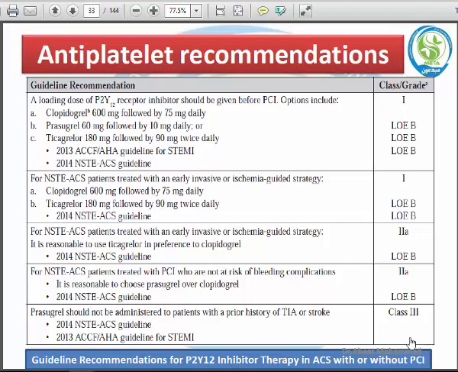Ticagrelor loading dose is 180 milligram. In case of non-ST acute coronary syndrome patients treated with early invasive or ischemia guided therapy also should receive a loading dose of clopidogrel or ticagrelor. We said that prasugrel is not recommended for patient of non-ST acute coronary syndrome.